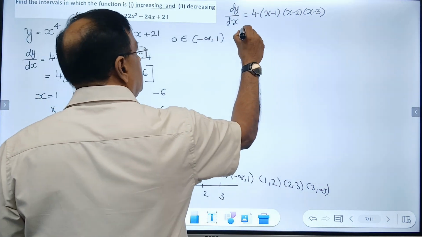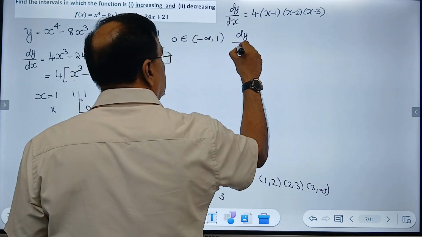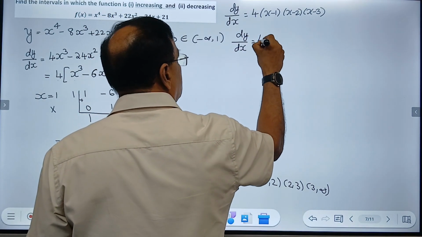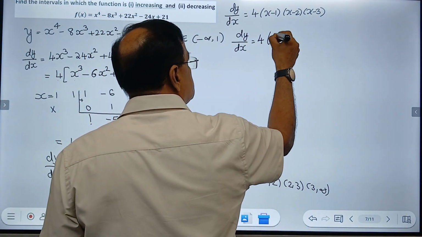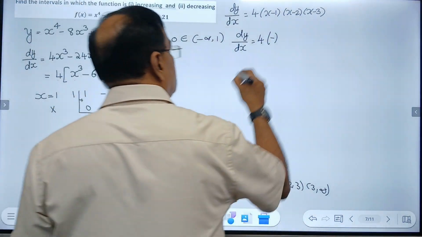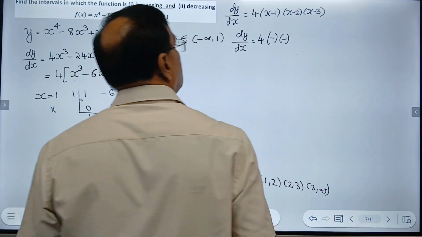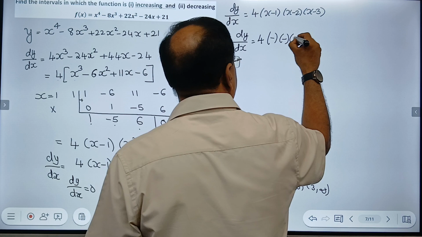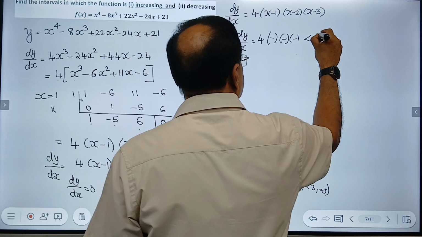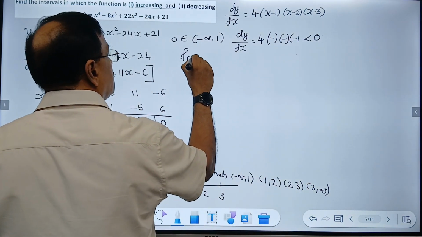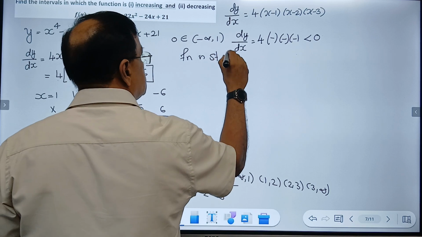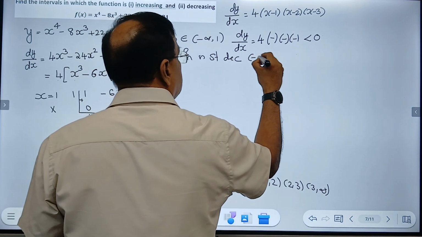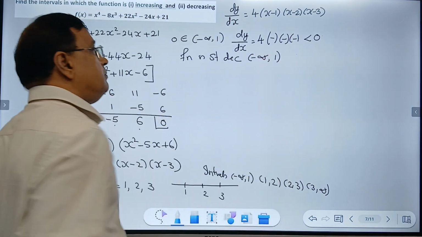So what is dy by dx? Dy by dx will be 4 into 0 minus 1 is negative, 0 minus 2 is negative, 0 minus 3 is negative. Therefore this is less than 0. Therefore the function is strictly decreasing in minus infinity comma 1.